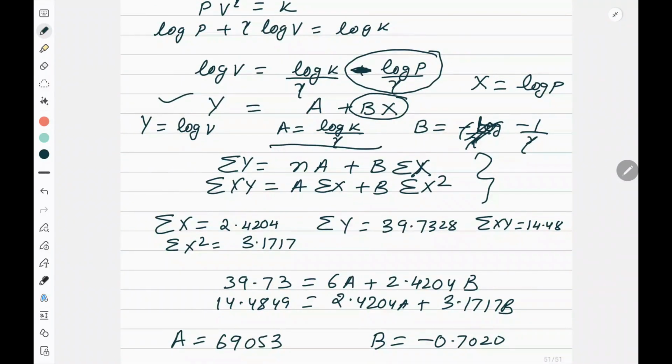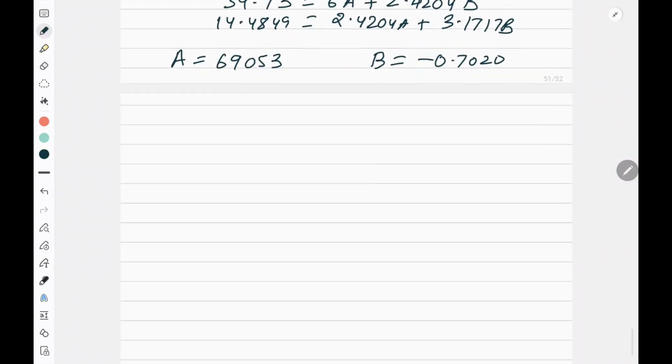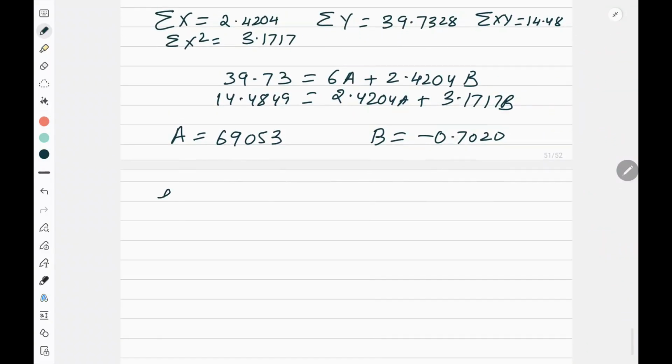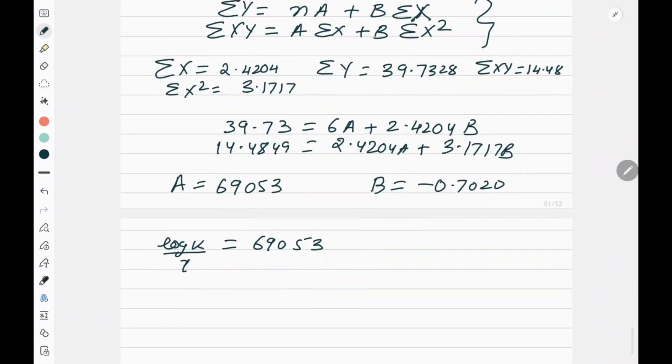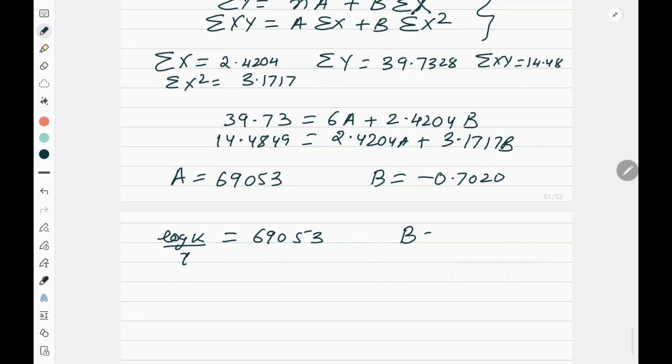A is log k upon gamma, right? So this value I should equate with log k by gamma is equal to 6.9053. And same way my other value is the b value. And I know that the b value is what I have assumed here. See, b value is minus 1 by gamma. So b is equal to minus 1 by gamma, means gamma is equal to plus 1 by 0.7020.